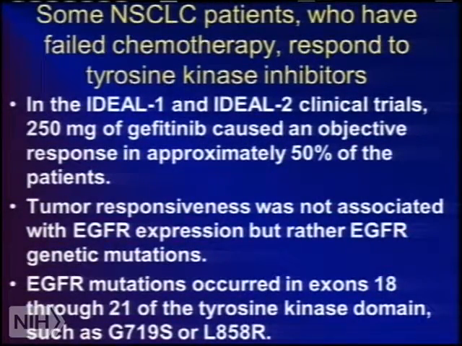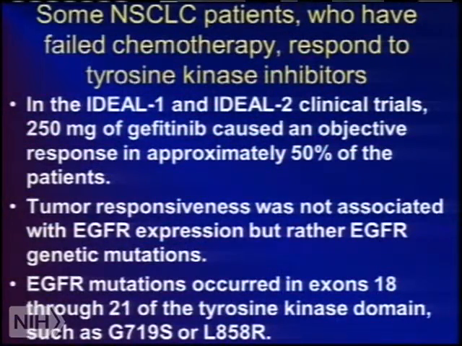And one of the ways they first figured this out is they did studies in the US, and they did studies in Asia, and they found the gefitinib was much better at working in the Asian population, especially Asian women who were non-smokers. They had lots of these EGF receptor mutations and responded to gefitinib.